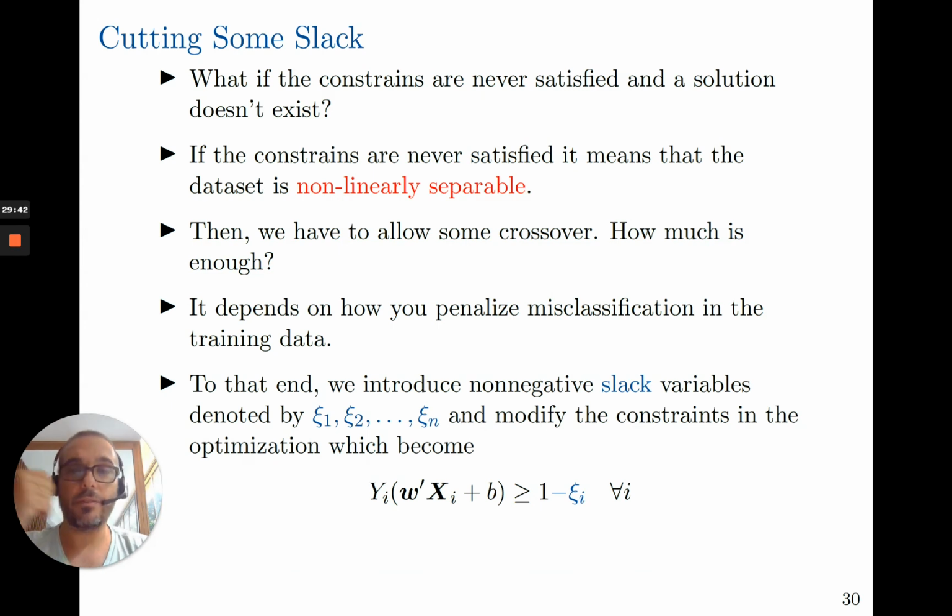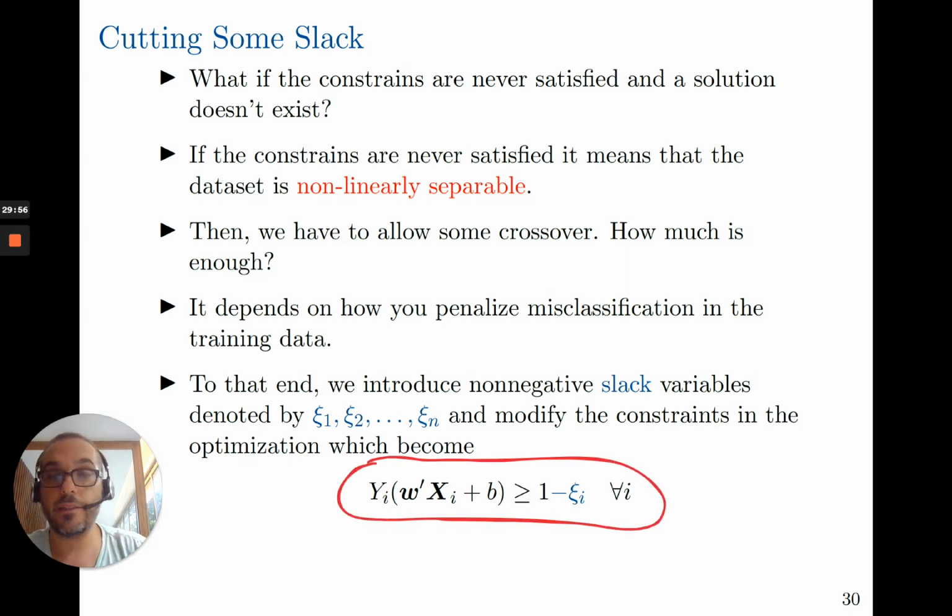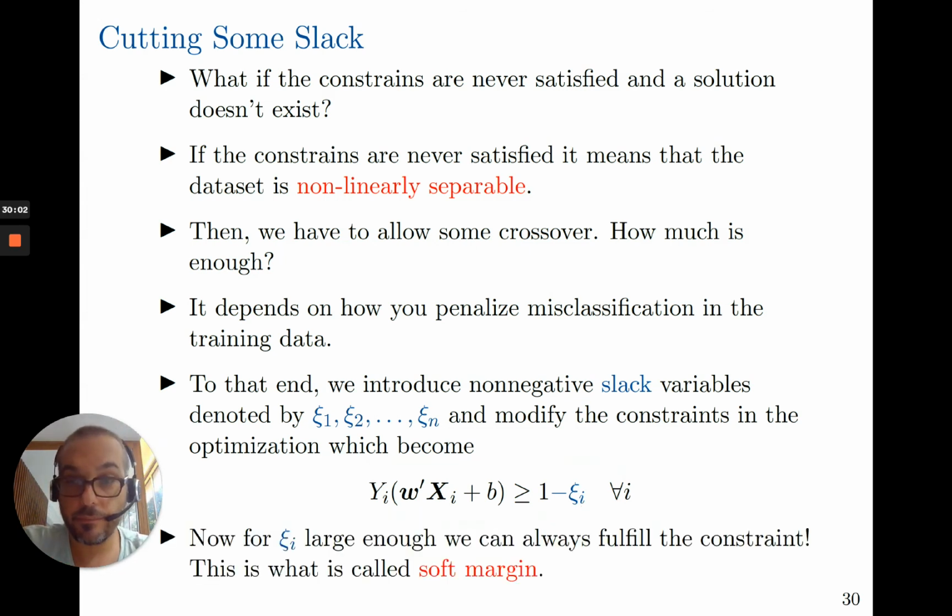So one thing that we can do is introduce some non-negative slack variables denoted by xi, so xi 1 to xi n, and modify the constraints. So instead of the previous constraints, we write it this way. We introduce the slack variables here, and for slack variables large enough, we can always fulfill the constraint.